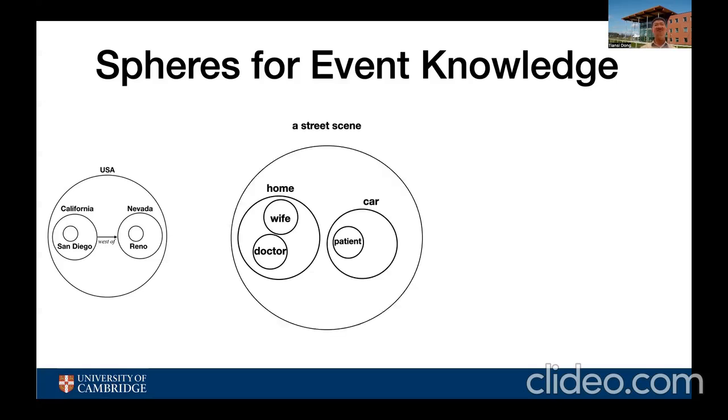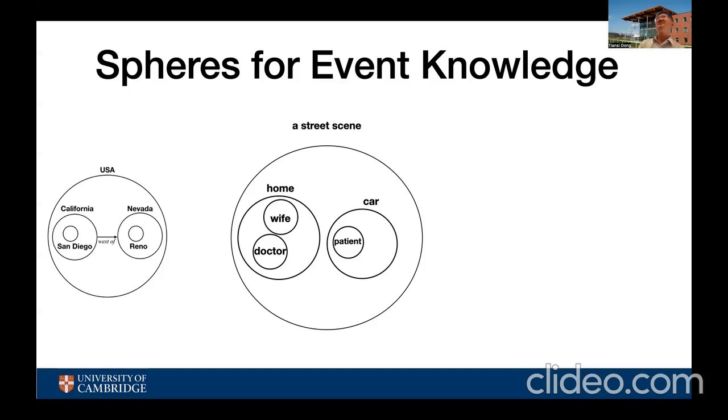Then we have a scenario that the patient is driving a car to visit a doctor. We can use the same sphere structure. The difference is these spheres have different names.